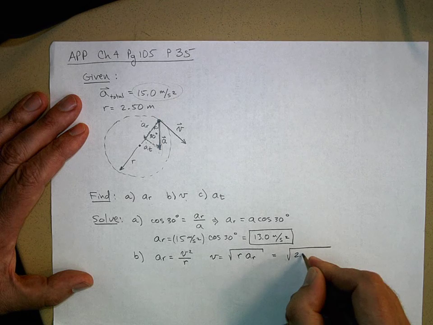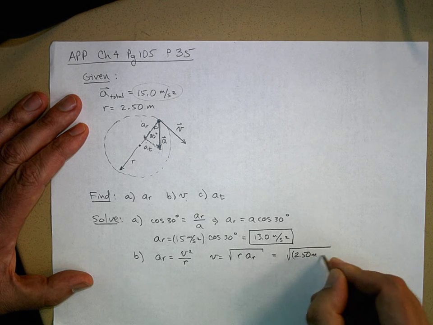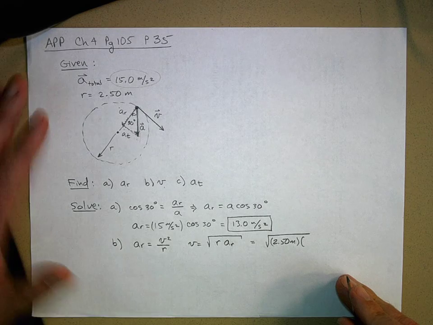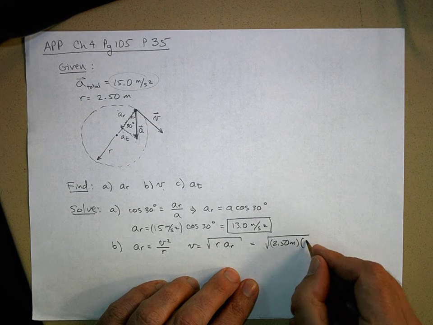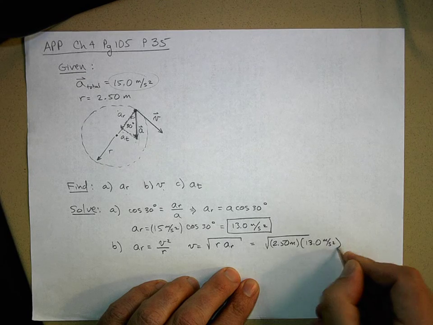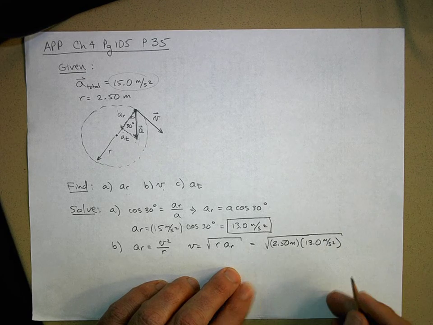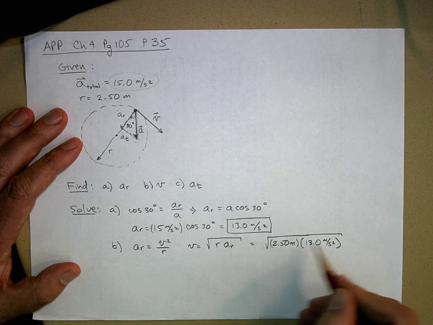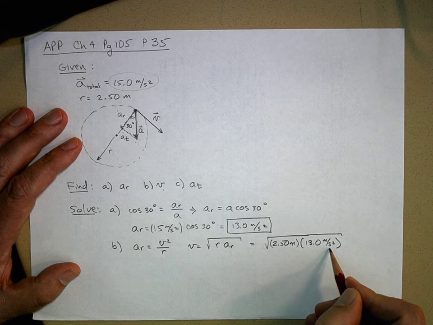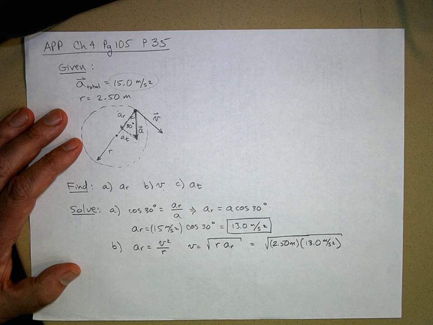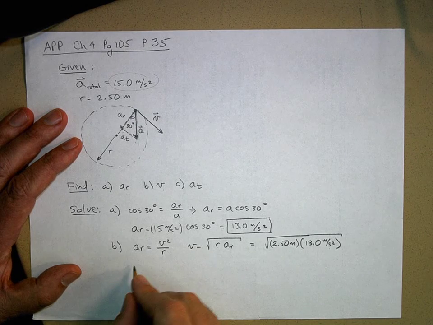This is 2.50 meters, and we calculated this to be 13.0 meters per second squared, or you could have left it as 12.99. That's fine. And look, meter squared per second squared, when you take the square root, you get meters per second. So always check the units when you do your calculation to make sure you're getting that right.